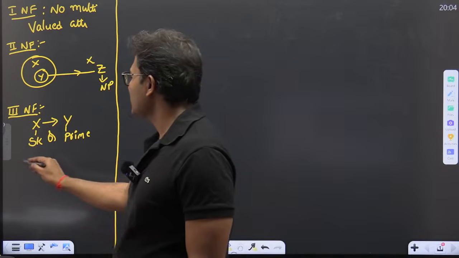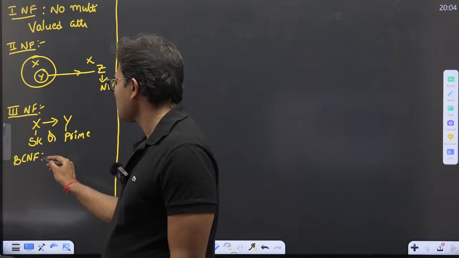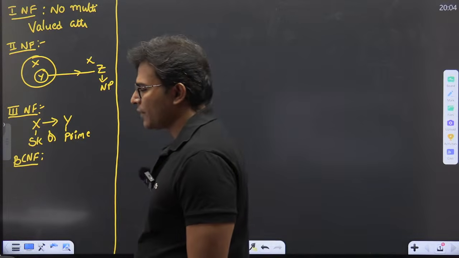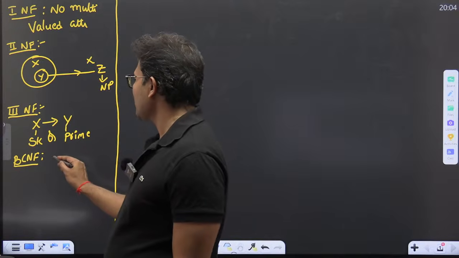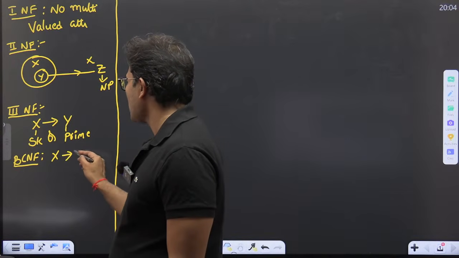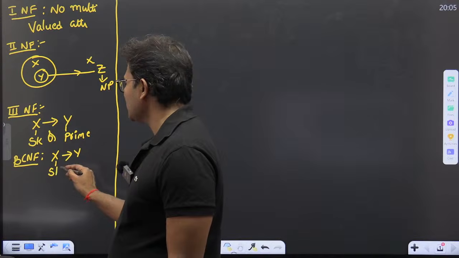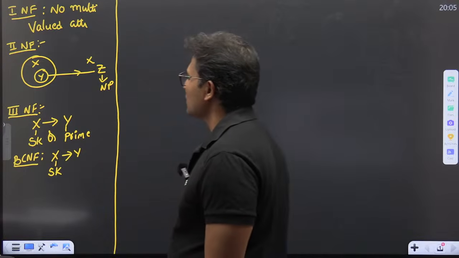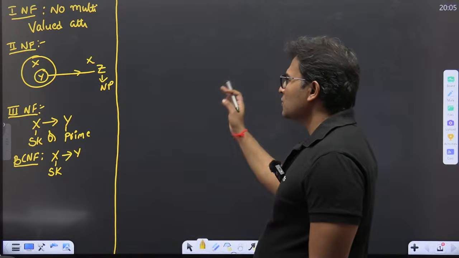Right? And then we have BCNF. What is BCNF? If I have X determines Y, X should always be super key. Then the table is in BCNF. Okay. So now you write this shortcut somewhere and then we will start solving the problems.